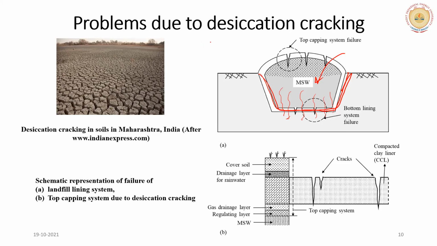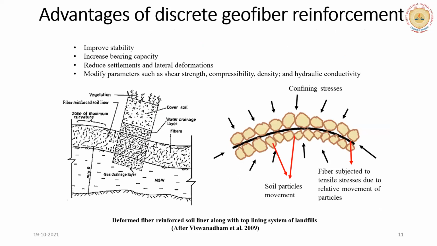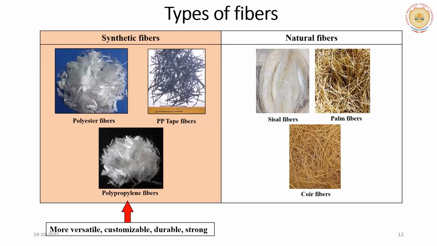So first of all, such desiccation cracking needs to be avoided, and there are many ways to avoid this kind of failure. One of the most commonly used methods is adding some fibers into it. For example, we have the roots in grass, and a tree also has roots.